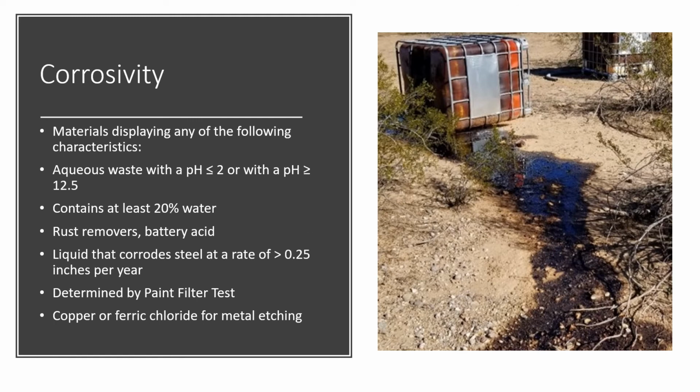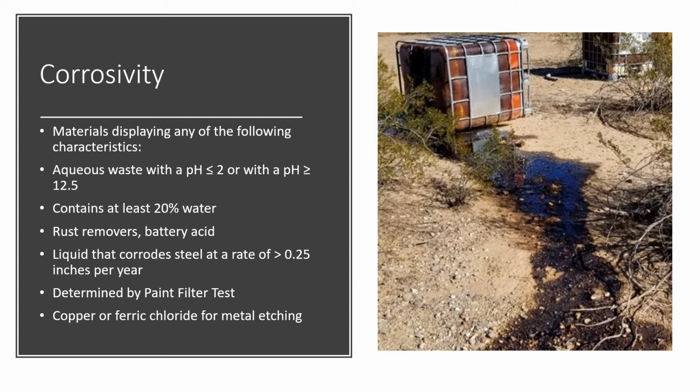The third hazardous waste characteristic is corrosivity. A material displaying the following characteristics can be defined as corrosive. An aqueous waste with a pH less than 2 or greater than 12.5. It contains at least 20% water.